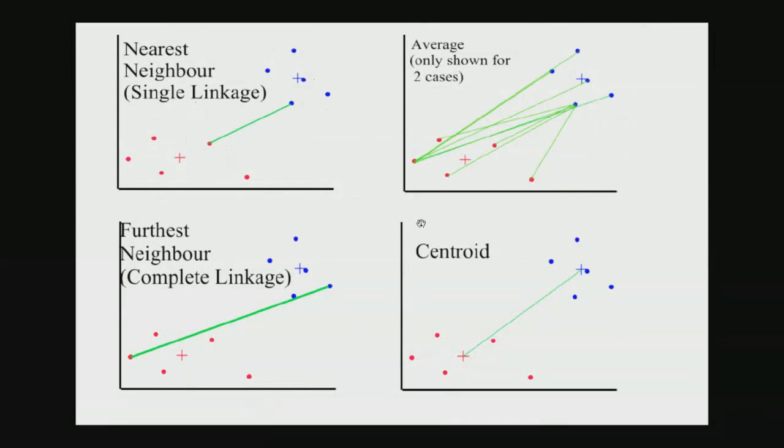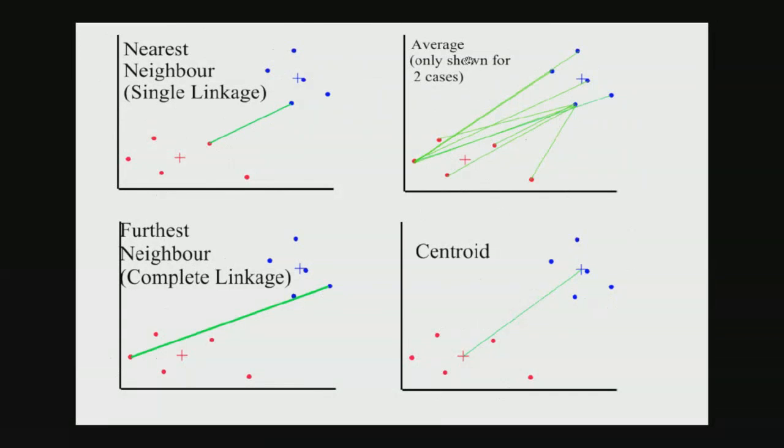Is that clear? Okay. And then for the average linkage, you calculate all these pairwise distances, and you pick the average of them, and that will be the distance between the two clusters. And the complete linkage will be the maximum between two points, and the centroid one, you calculate the center first, and then the distance between them.